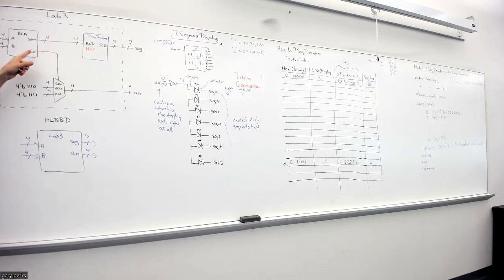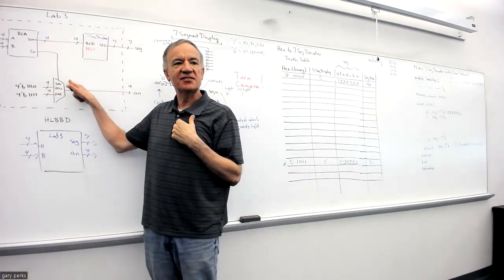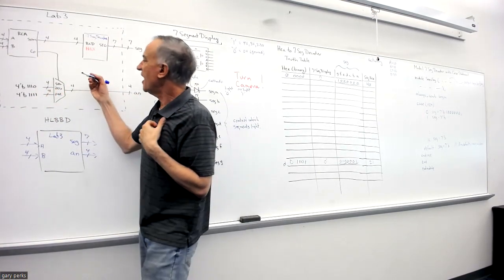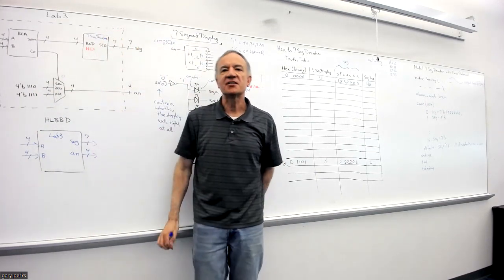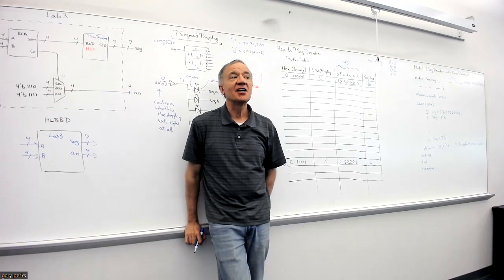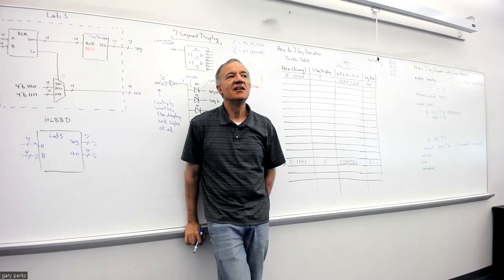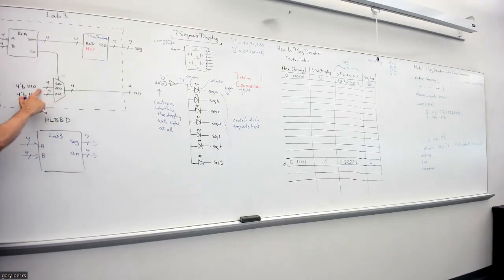Okay. Well, notice where the carry out is connected. The carry out is connected to the select of this mux. So when the carry out is a 0, what's going to happen with this mux? What do we know about muxes? How do muxes work? If the select input is a 0, what's going to happen? The output's going to be what? Yeah, it's going to do the 0 option right here.